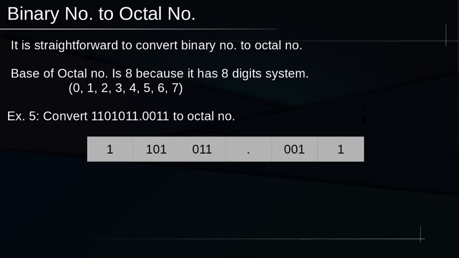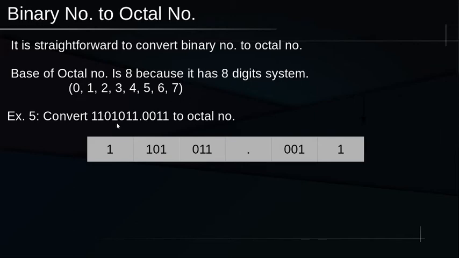In order to convert a binary number to an octal number, we have to create groups of 3 digits. For the integer part, we create groups from right to left. So our first group is 011, so we write 011, and the next group is 110, so we write 110.